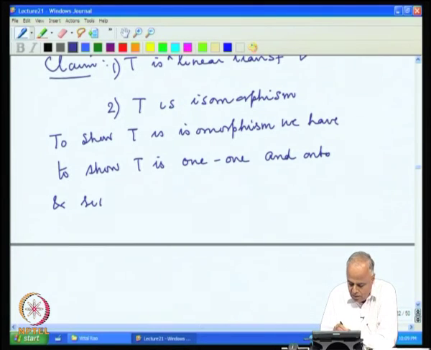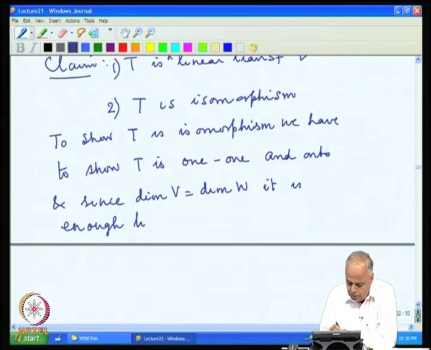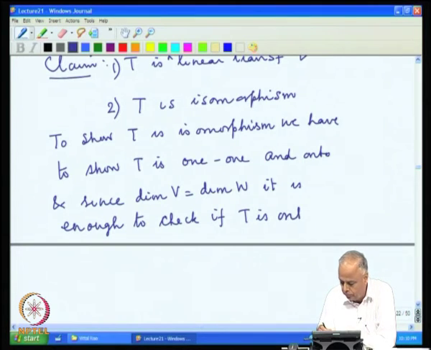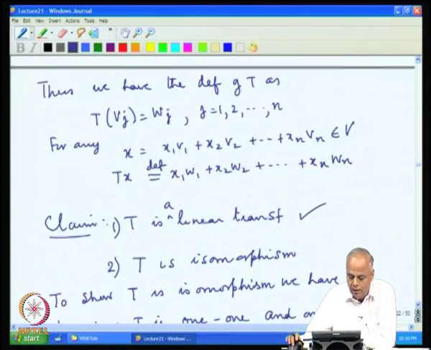And since dimension of V is equal to dimension of W, it is enough to check if T is onto, because the moment it is onto, we know it is going to be 1 1, because dimension of V is equal to dimension of W. So, now let us check whether T is onto.